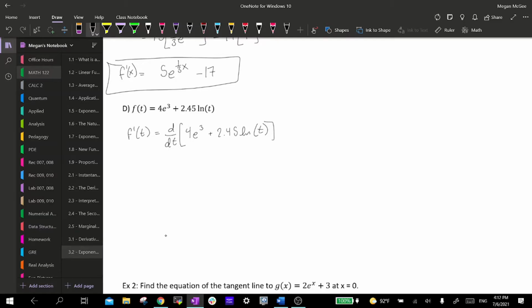So we'll go ahead and break this into two derivatives. So we have the derivative with respect to t of 4e cubed plus the derivative with respect to t of 2.45 natural log of t.